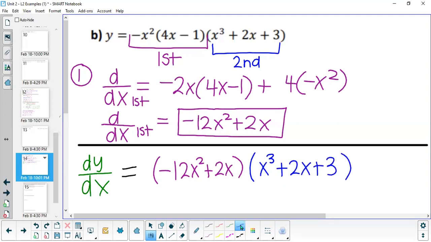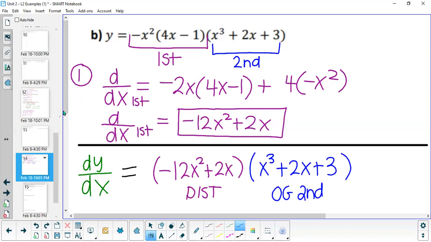Remember, because this represents the derivative of the first function, I'm taking the derivative of the first function times the second function. We can write that down. The derivative of the first function times the original, the OG second function, right? Second function. So that's the first part of the product rule.